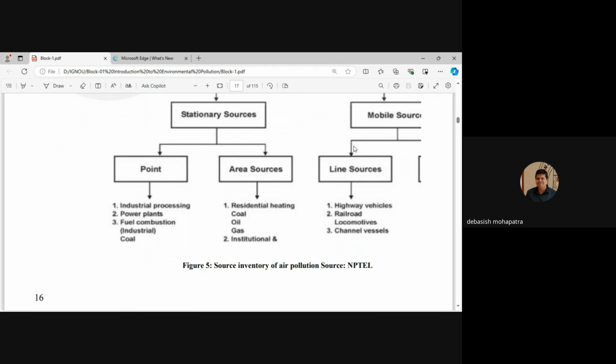They have given what the different sources are. Okay, highway vehicles, railroads, locomotives, channel vessels, residential heating. Okay, then coal, oil, gas, institutions, industrial processes, power plant, fuel combustion. All these come under the sources inventory of air pollution sources.